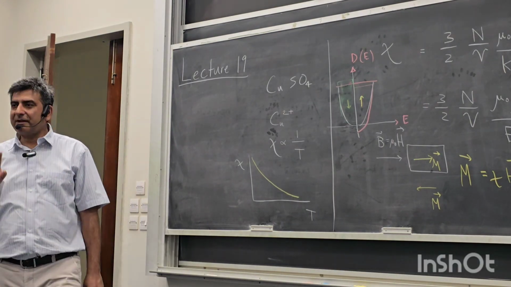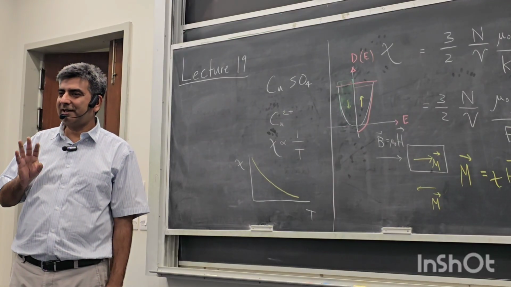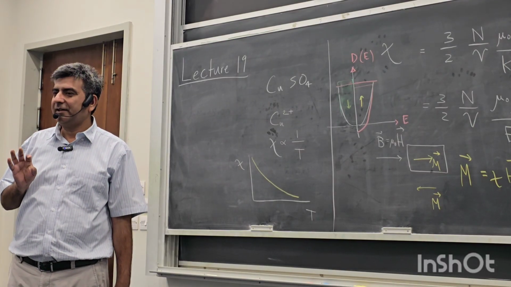So the strongest diamagnet that has yet been discovered or synthesized is a superconductor.